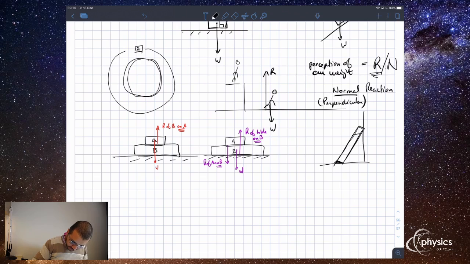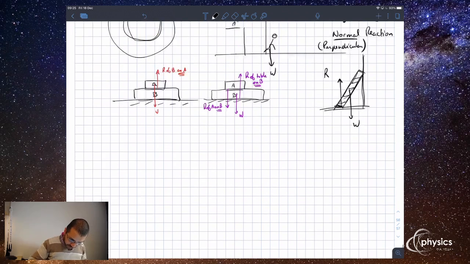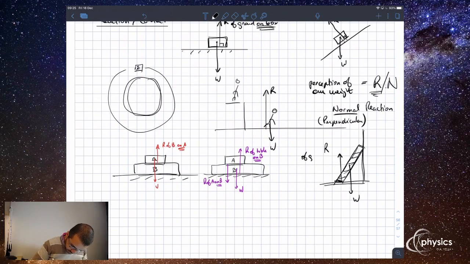If you have a ladder or an object which is resting on the ground and against the wall, we have the weight. And then there are two reactions, because the ladder is touching the ground, so it's pushing the ground downwards, therefore the ground will push the ladder upwards. That's the reaction of ground on ladder.